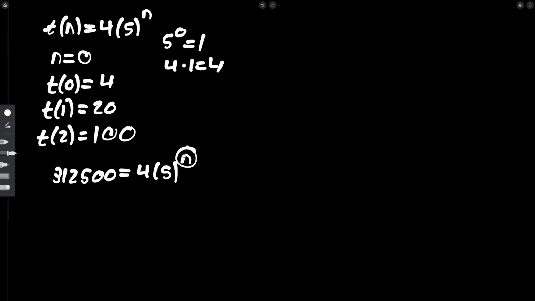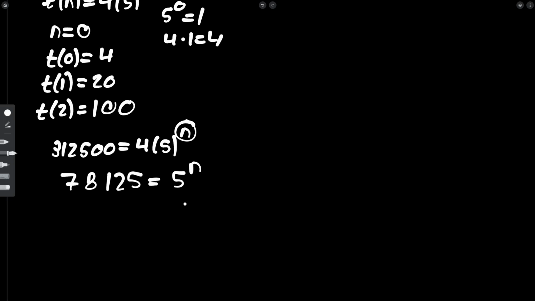So first, let's divide by 4 on both sides of the equation. That gives us 78,125 equals 5 to the n. Then let's take the logarithm of both sides.